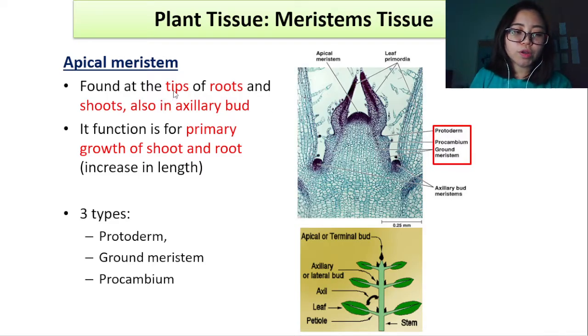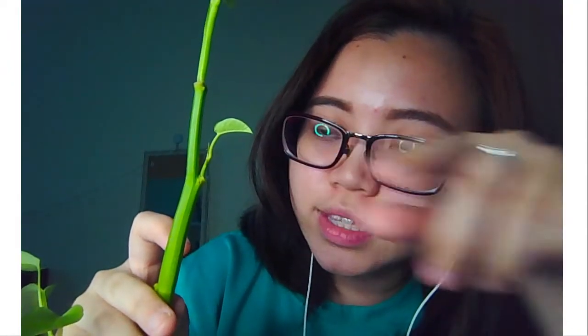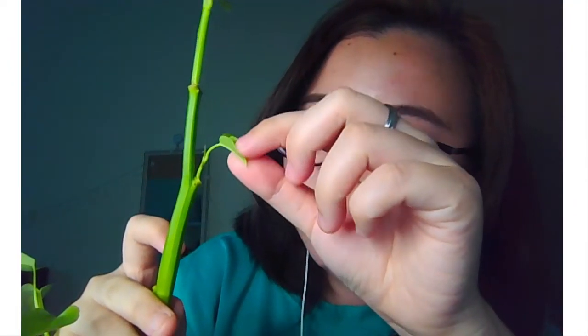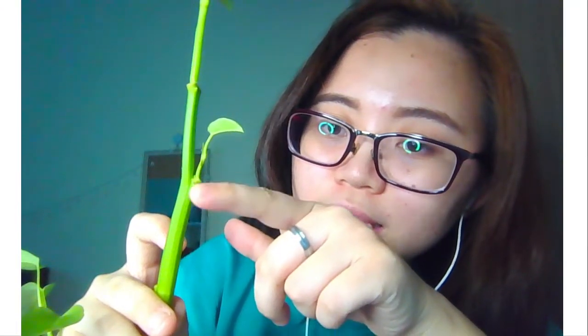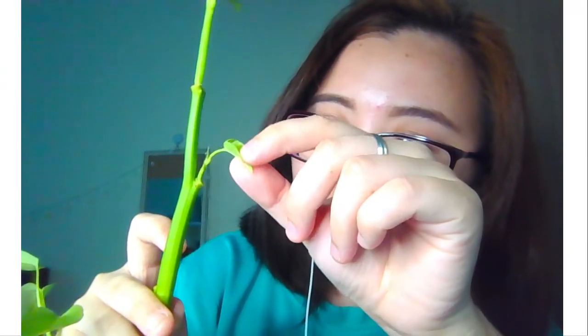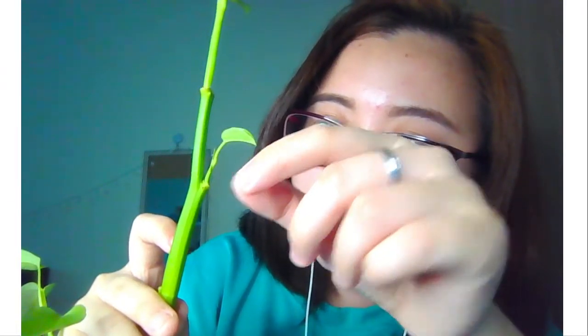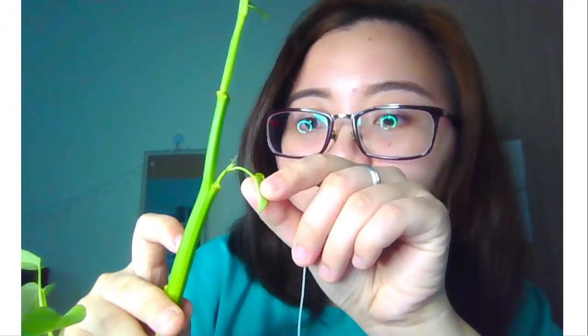You can see here it's found at the tips of roots and shoots and also in the axillary bud. Here you can see the axillary bud or lateral buds on the leaf, and I will show you on my assistant again. Okay, as you can see on my kangkong assistant, this is a little node on the stem where you can grow new leaves, and new shoots, new leaves are indeed growing here.